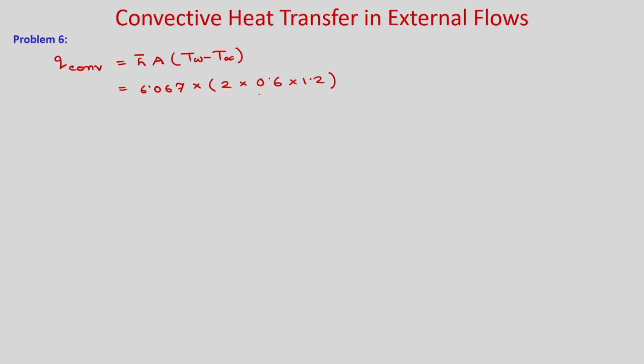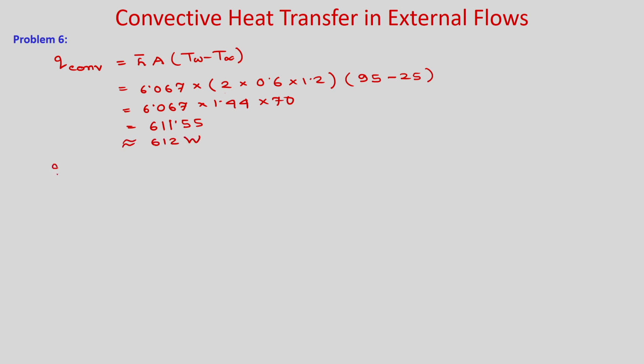So, this is the area, both sides we are considering, into T_w minus T infinity, so 95 degree centigrade minus 25 degree centigrade. If you calculate, it will be 6.067 into 1.44 into 70. So, it will come as 611.55. You can write it as 612 watt.